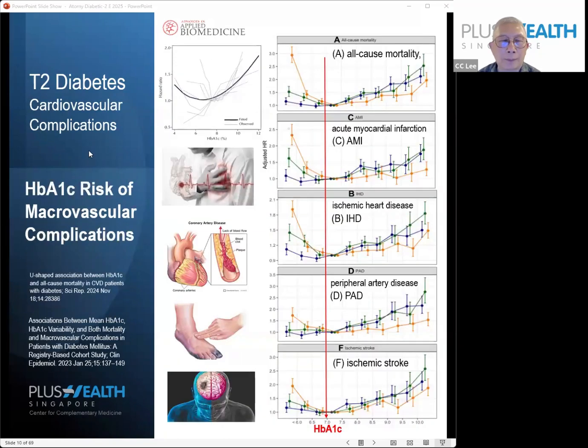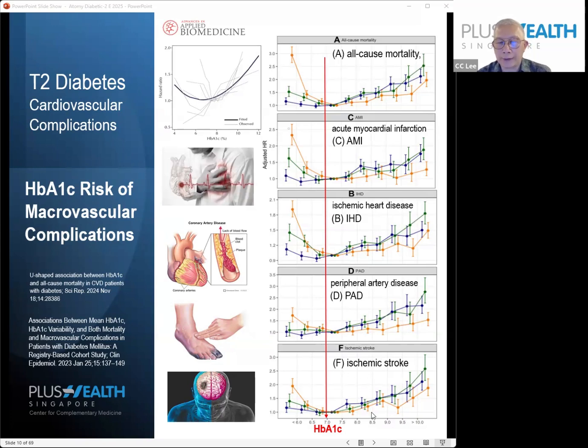All right, now let's look at some of these cardiovascular diseases and how the risk factor is affected by our blood glucose level. We use the marker HbA1c, which is the glycated blood glucose, as a reference. You can see from here the heart attack, AMI, ischemic heart disease, the peripheral artery disease, as well as stroke.